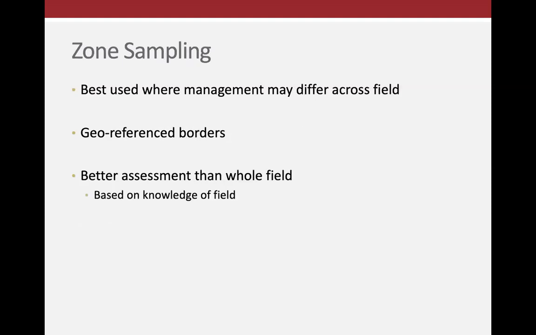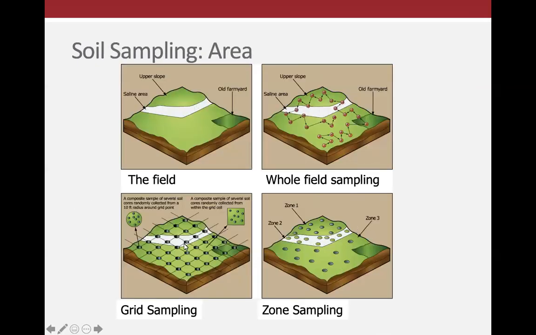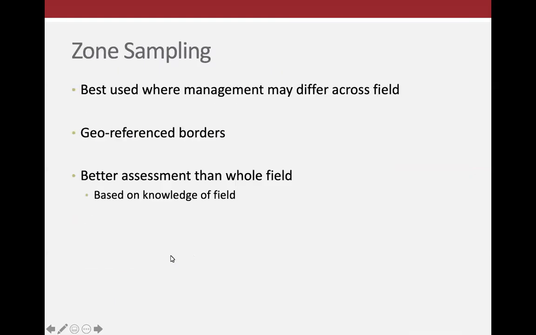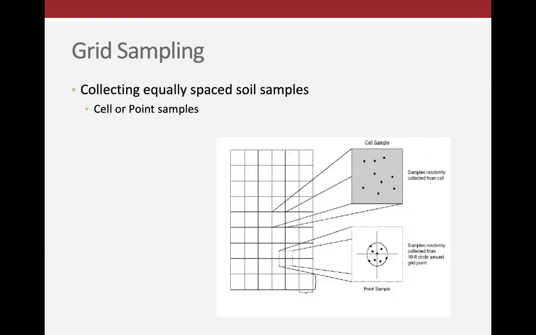If we flip back here, we can see that we might have more soil samples in grid sampling than zone. Here we have 3, and here we have many more than 3. For grid sampling, there's really 2 approaches. We can think about cell or point samples. Cell samples are when we take soil samples across an entire cell, represented by these dots, across this entire grid cell.